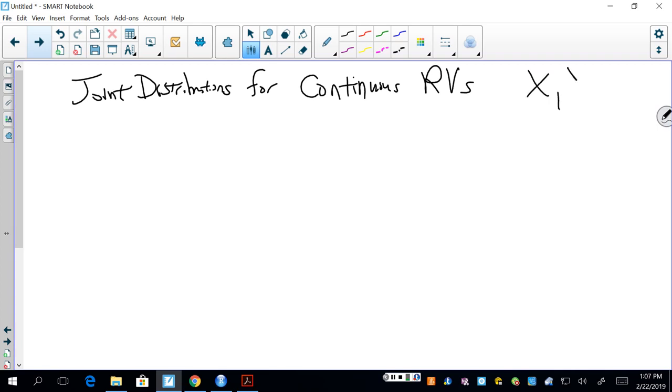Let's say we have x and y. Instead of having a probability at every combination of x and y, we can have a density function based on 2 variables at once, x and y.